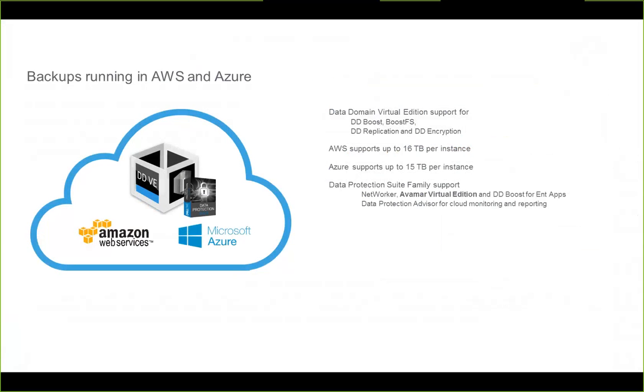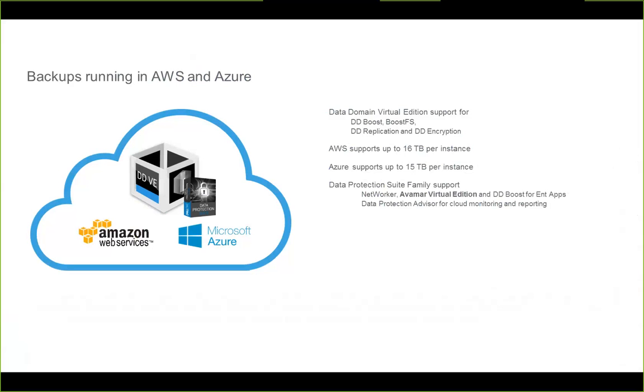So backing up with AWS and Azure, there's pretty much two different ways of doing this. If you had an existing backup application that you wanted to leverage, whether it was something other than an EMC backup application, you could continue to use Data Domain Virtual Edition in the public cloud.